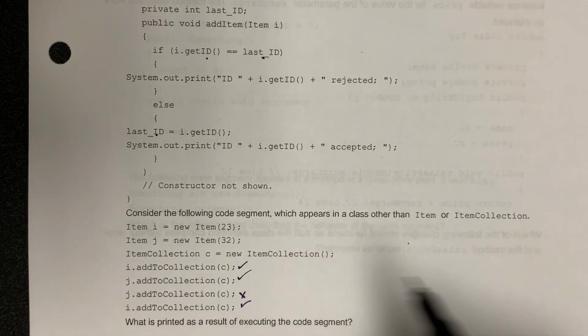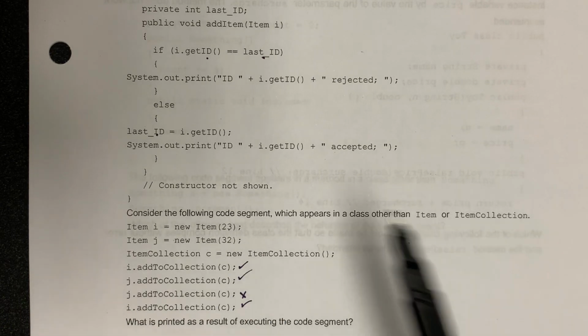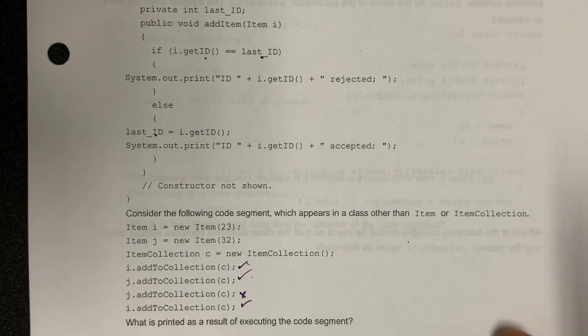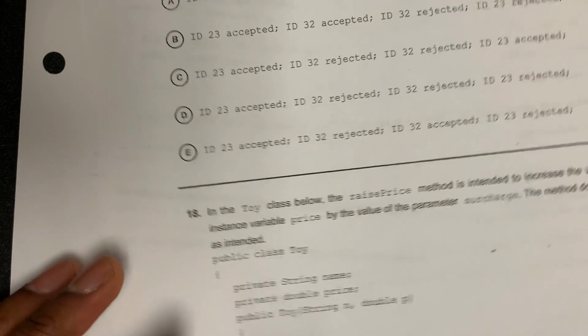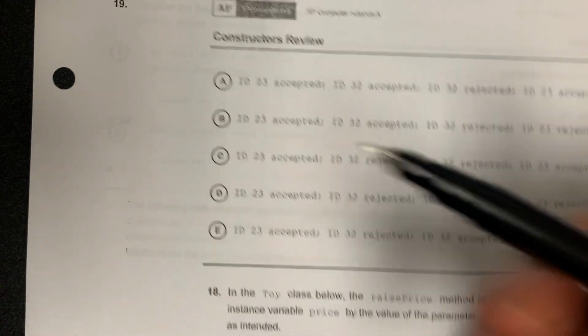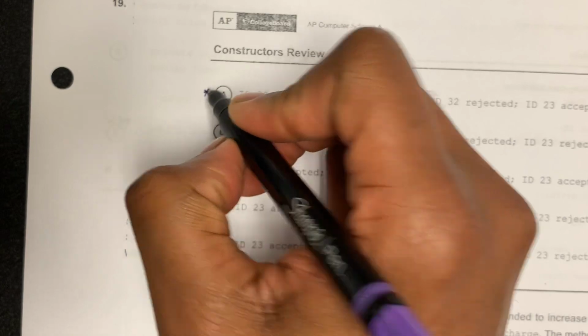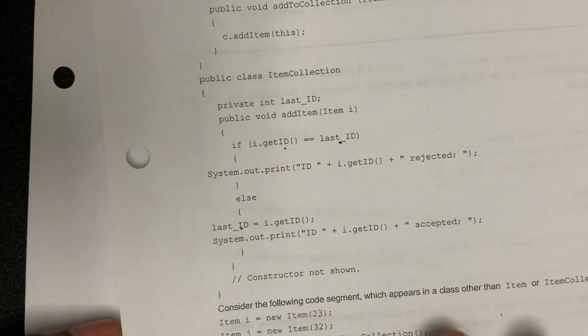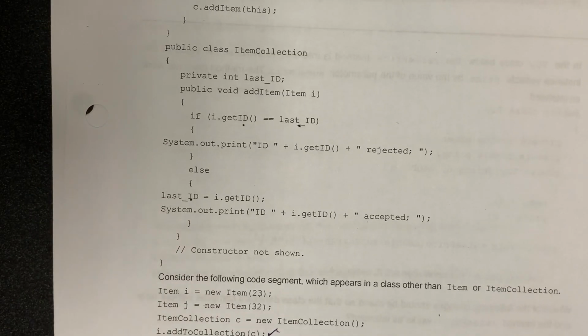And so what we should get is accepted, accepted, rejected, accepted. And I don't know which answer choice this is, but let's say we said accepted, accepted, rejected, accepted. So that's going to make A the correct answer. This is one where I would recommend you type this out to see what happens.